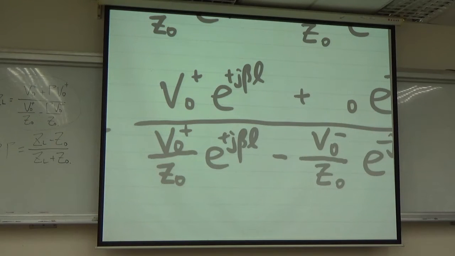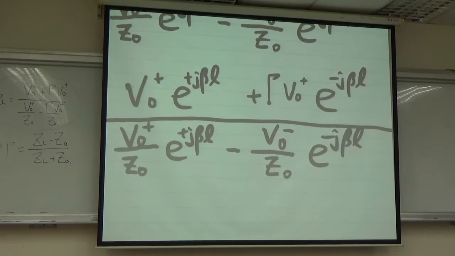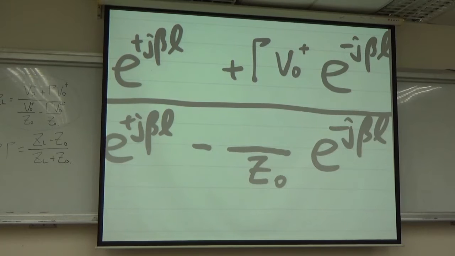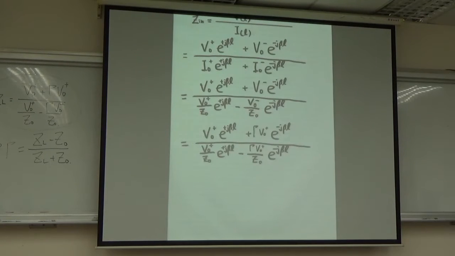This one will become gamma times V0 plus. And the same, this one becomes gamma times V0 plus over Z0. Okay?